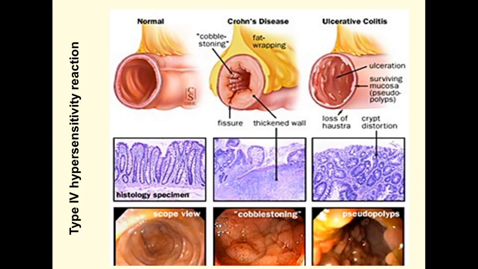So this is pseudopolyps, not a true polyp. Why? Because we have an ulceration, a defect of the mucosa, and then a focus of surviving mucosa, and then again a focus of ulcer, a deep defect of the mucosa. That's why this island of surviving mucosa looks like a polyp. But this is not a true polyp. This is a so-called pseudopolyp.